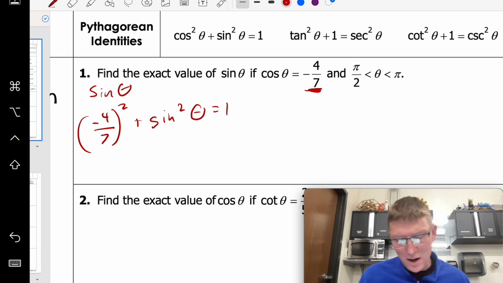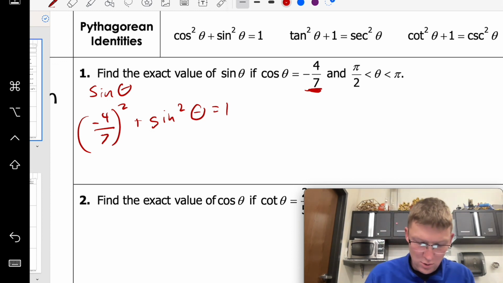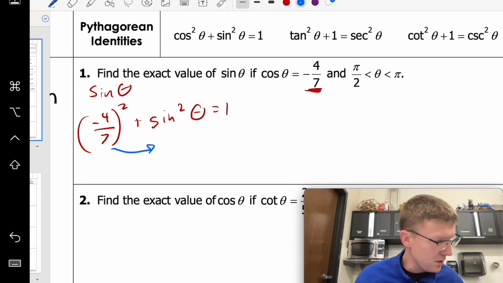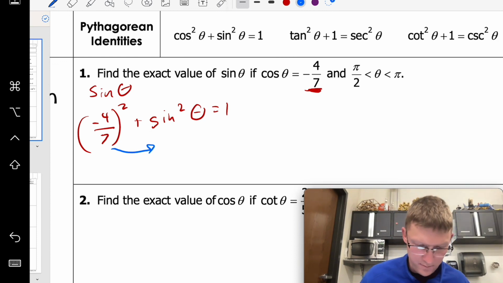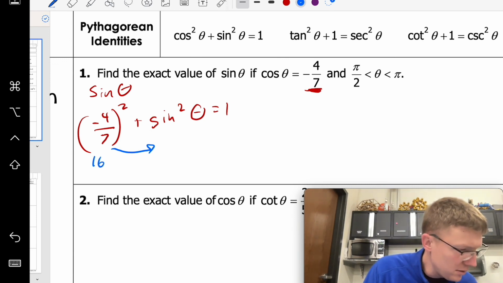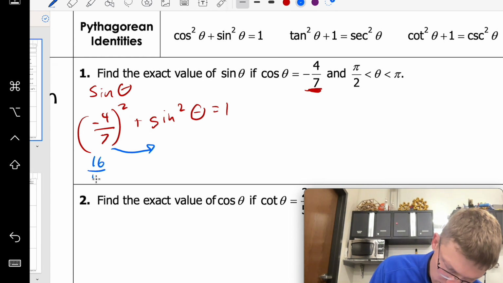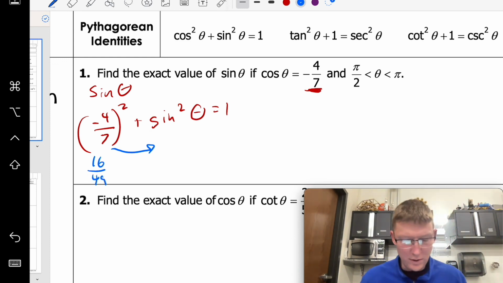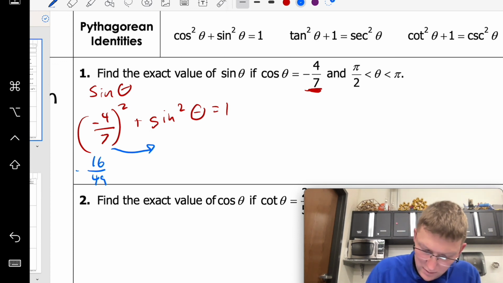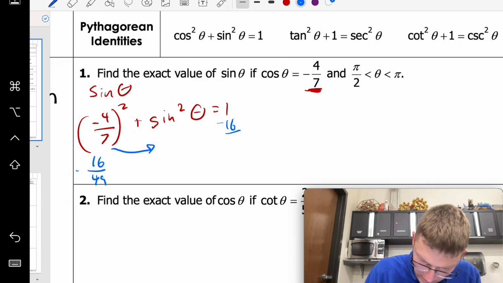We need to get sine of theta by itself. So we're going to move this over. So let's see here. 4 squared, so that's going to be 16/49. It is squared, so we lose the negative sign. But then we're going to subtract it from both sides, 16/49.